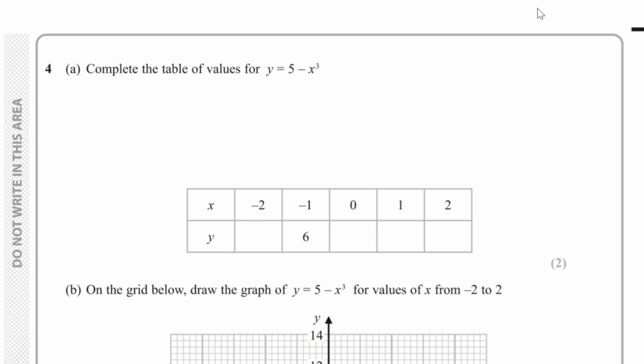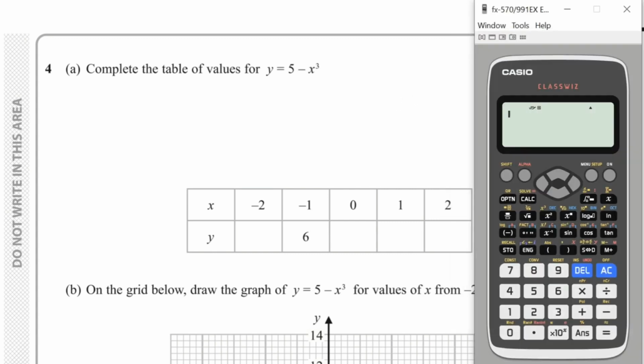Question number 4, we have to complete the table of values for y equals 5 minus x cubed. So first thing we'll do is go to the table function, we key in 5 minus x cubed, we will start at minus 2, we will finish at 2, here we have 13, here we have 5, here we have 4, and here we have -3.